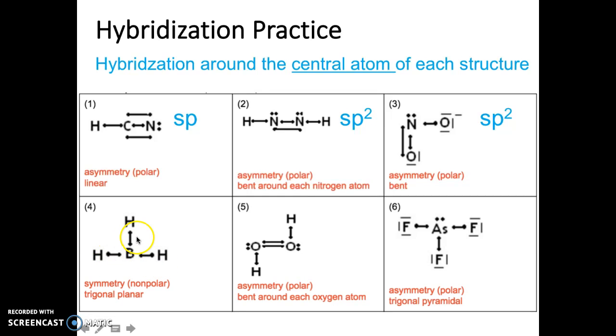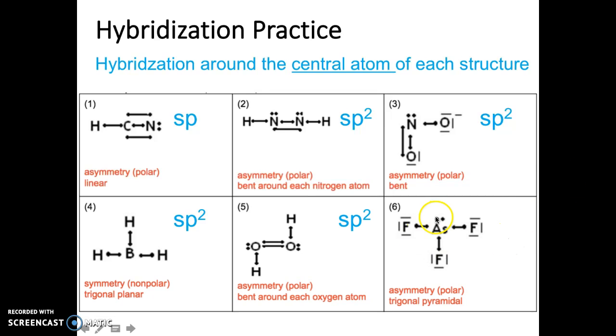And so to have three, you'll mix one s and two p's, giving you sp2 hybrid orbitals. Here you have 1, 2, 3 hybrid orbitals necessary for the oxygen, giving rise to the sp2 hybrid orbitals.